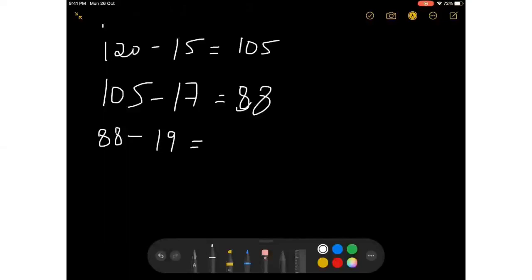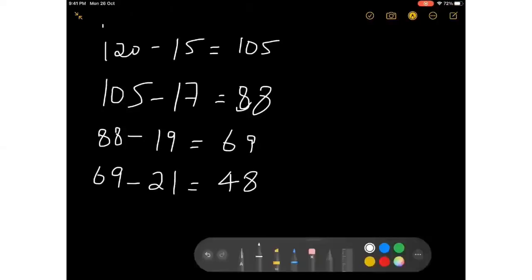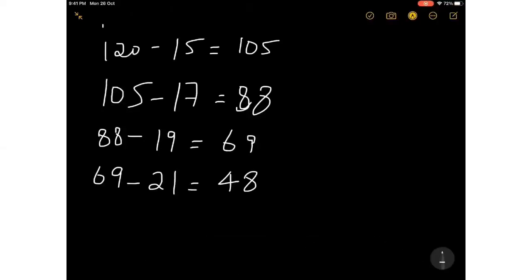And 69 minus the 11th odd number, which is 21, is equal to 48. And 48 minus the 12th odd number, 23, is equal to 25.